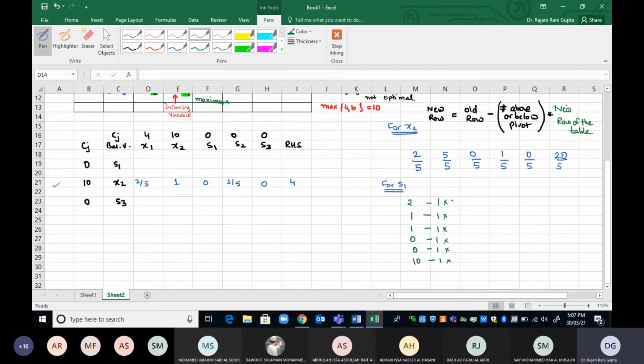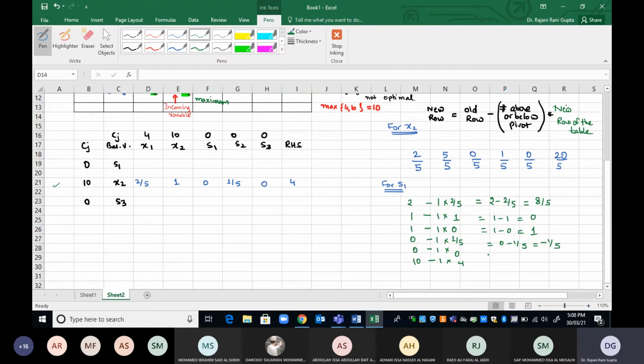This is the procedure, okay? So it gives you 2 minus 2 by 5, so it is 10 minus 2, which is 8 over 5. This gives you 1 minus 1, that is 0. 1 minus 0, which is 1. 0 minus 1 over 5, which is nothing but minus 1 over 5. 0 minus 0, which is 0.